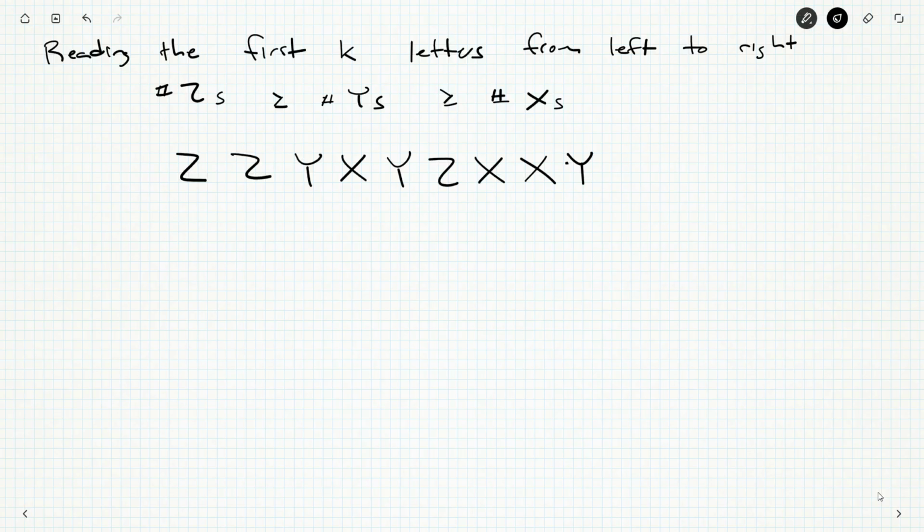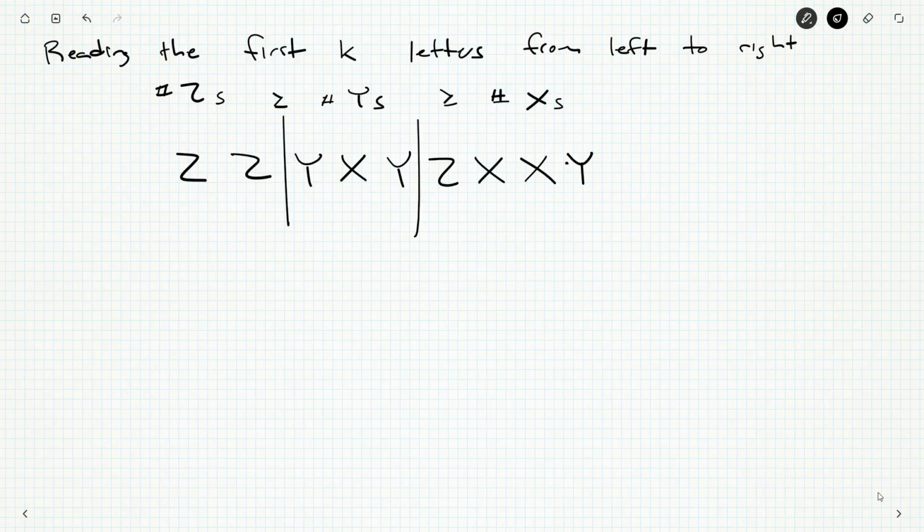Right? Because if Y is just moving into position, then Y must have been here, and then Y moves down here. But X would need to be here already. But if I chop this at any point, the number of Z's is 2, greater than or equal to the number of Y's, greater than or equal to the number of X's.